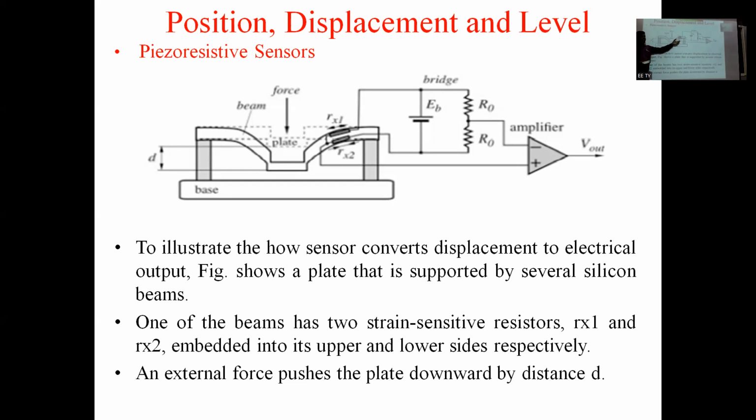At that situation this mechanical beam structure deformation will occur. At that situation the stress strain sensitive resistors which are incorporated in that mechanical structure, there is a deformation of Rx1 and Rx2.